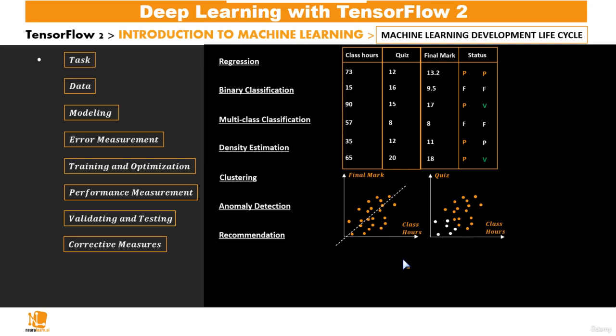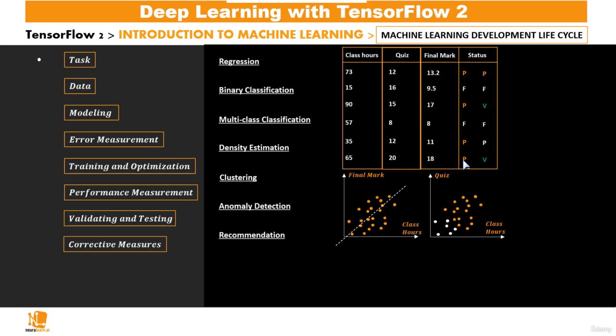We are no more trying to predict the final mark, which was between 0 and 20, but now we're trying to say whether the student passed or failed, and hence the term classification, because here we're simply trying to classify these two classes of students, unlike here where we were trying to find the final mark of the student by some model or function.